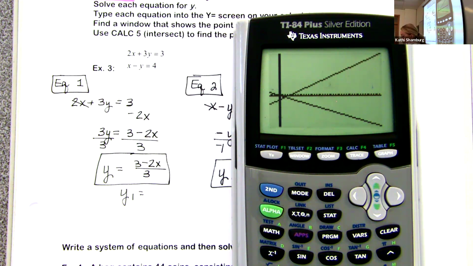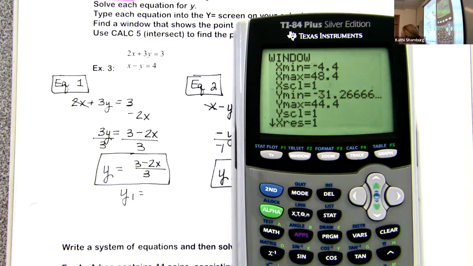Error. Okay. Go to window. Leave X min at -4.4. Do the X maximum. So what is our X value where they intersect? 3. So I'm going to do an X max of 10. I want it bigger than 3.